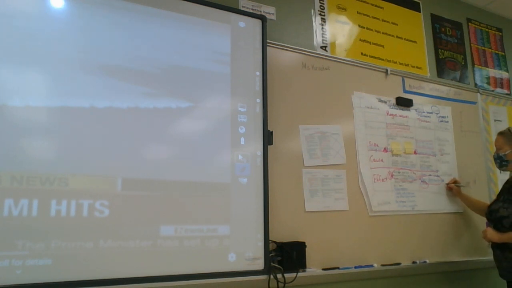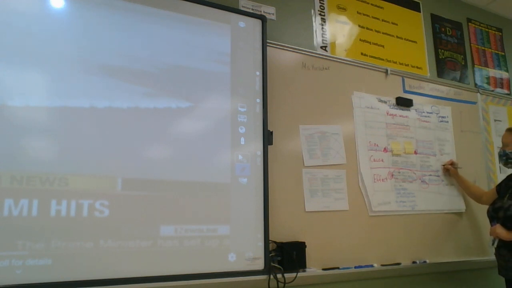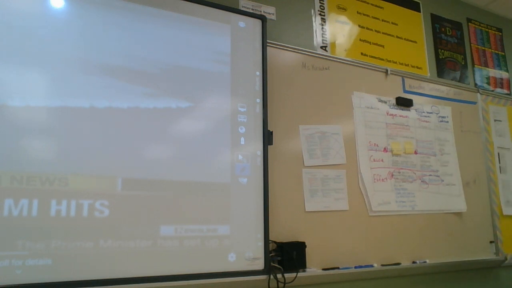So the effects for what's different, I can say the land versus the ocean. The causes are different. Do you see anything else that's similar?